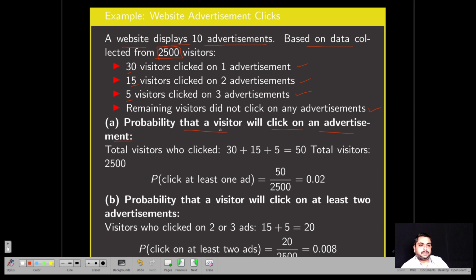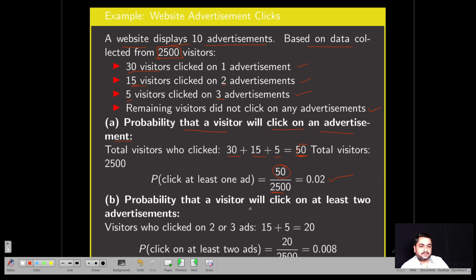Clicking on an advertisement means at least one advertisement they have to click. So that is nothing but these 30 visitors who clicked 1, 15 who clicked 2, and 5 who clicked 3, that means at least 1, right? So we will add all of them. In total, 50 visitors have clicked at least one advertisement. So out of 2500 as the denominator, 50 have clicked at least one advertisement. So this is the probability.